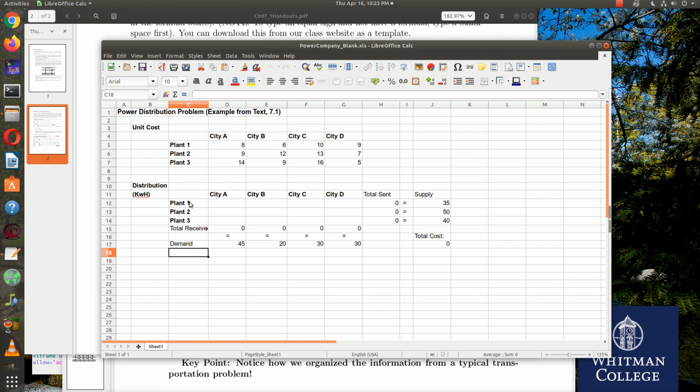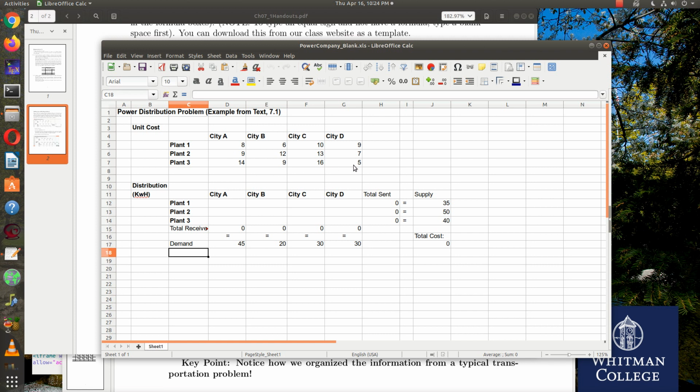I want to check each row sum against my supply, and I also need to compute the column sums and check those against demands. So that's the structure of what's happening here.